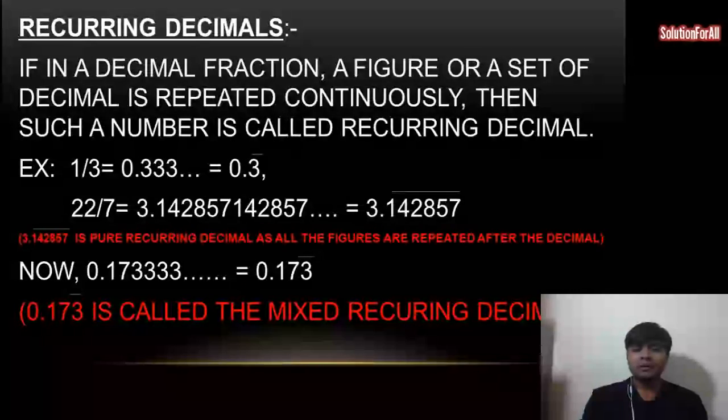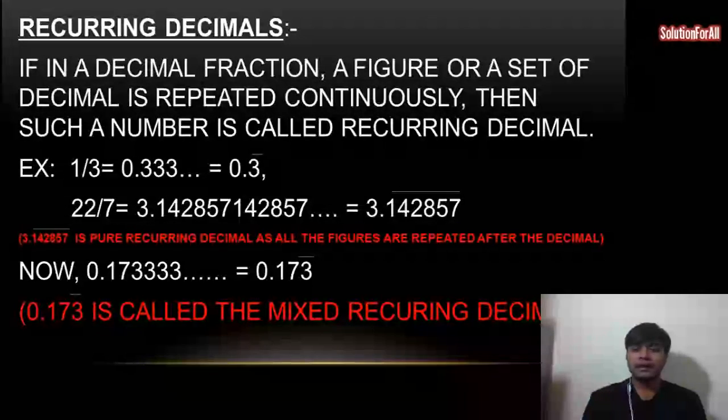I'm calling it pure recurring decimal just because every number, starting right after the decimal, is getting repeated.